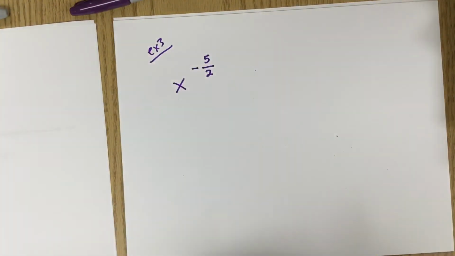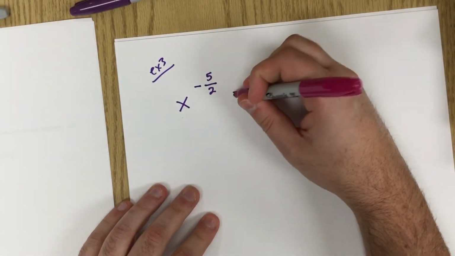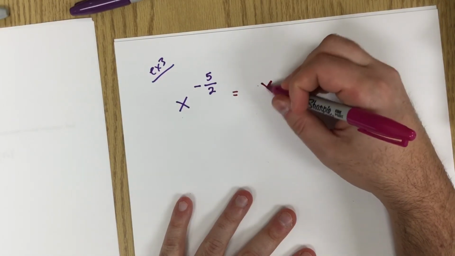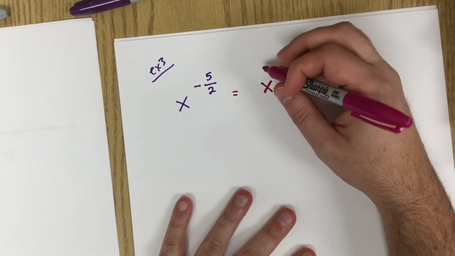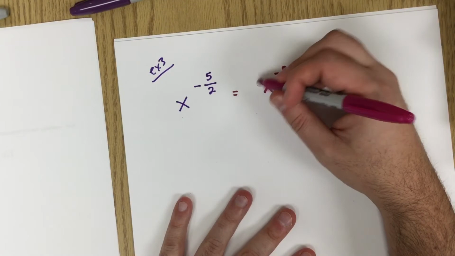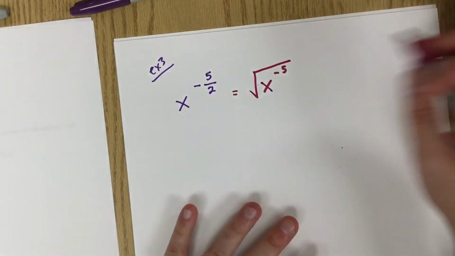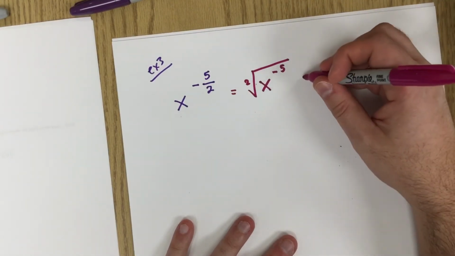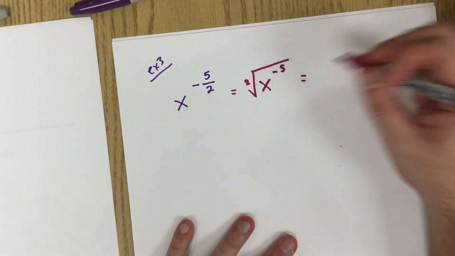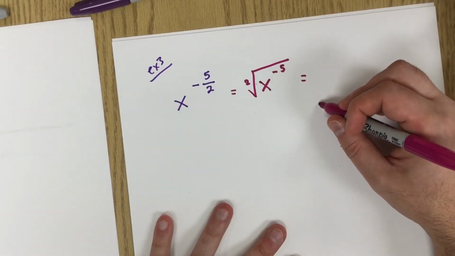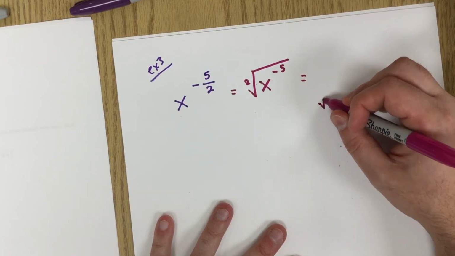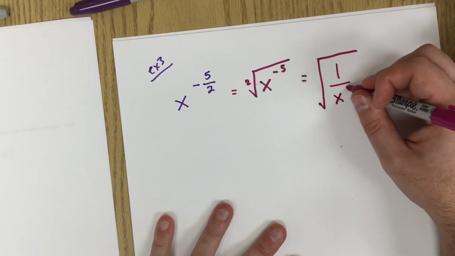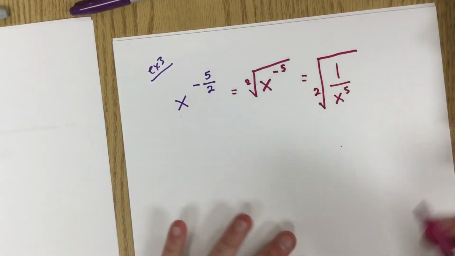We could say that this is x to the negative 5 and square rooted, which is going to be equal to, x to the negative 5 is just 1 over x to the 5 square rooted.